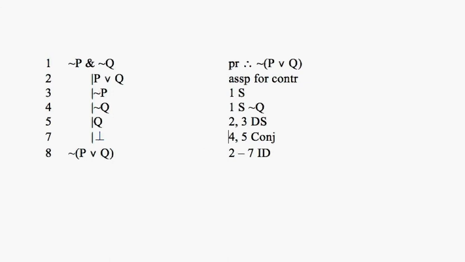When you have two lines that contradict one another, and they're both available, you can then write the perp symbol as a way of indicating that you got your contradiction. So what we've got here is the perp symbol justified by 4 and 5 because they contradict, and now our proof is complete.